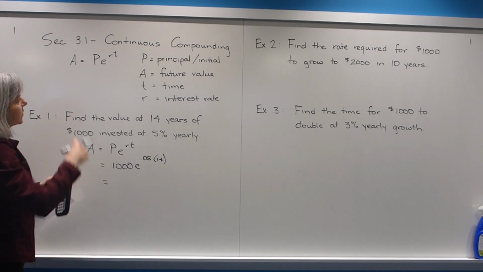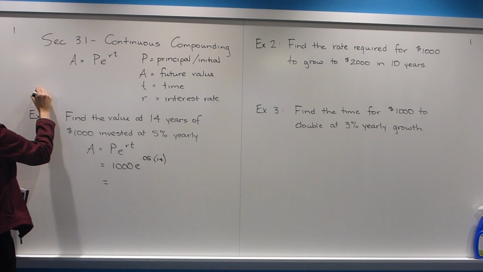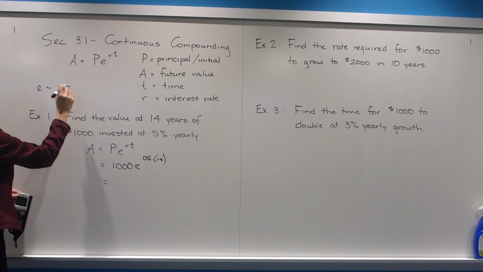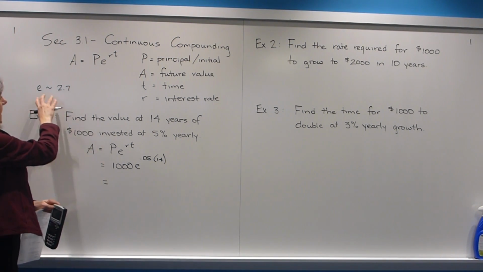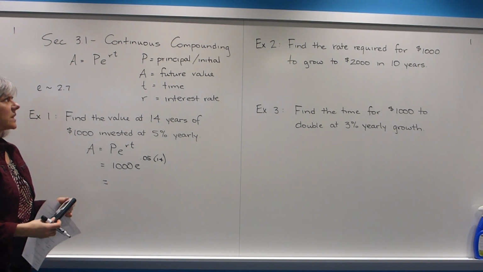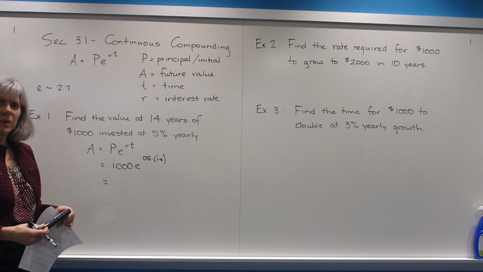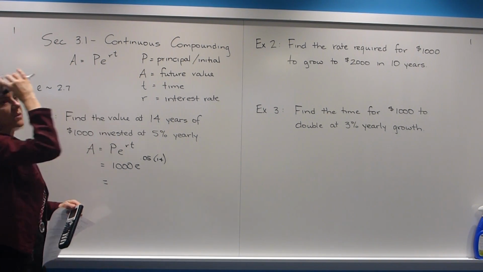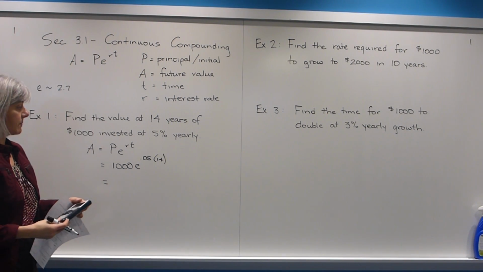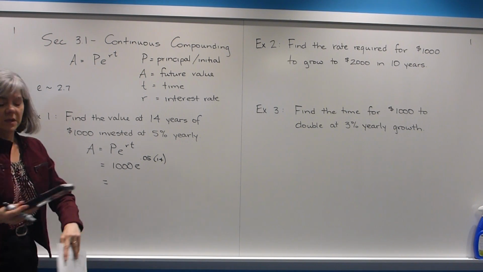So e is actually, we didn't talk about that, e is a value that's approximately 2.7. e is a number, much like pi. Pi, we all know, 3.14. e is about 2.7. And it's a value that occurs naturally. There are very many natural processes that use this constant e. So it is on your calculator as well.